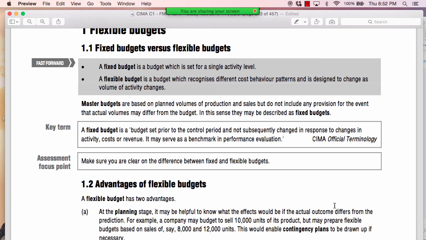A fixed budget is set prior to the control period and should not subsequently change in response to changes in activity. Now, if I have this kind of fixed budget, it's going to cause me a lot of problems.